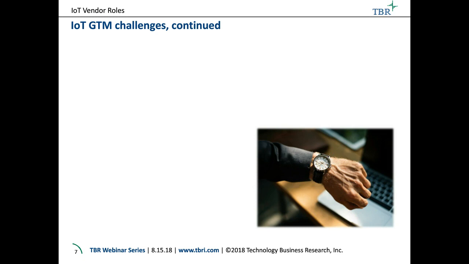More on the IoT GTM challenges. Revenue from an IoT project is often deferred. In some cases, it's explicitly deferred, so the business arrangement is such that the vendor doesn't recognize revenue until the solution is beginning to generate revenue.